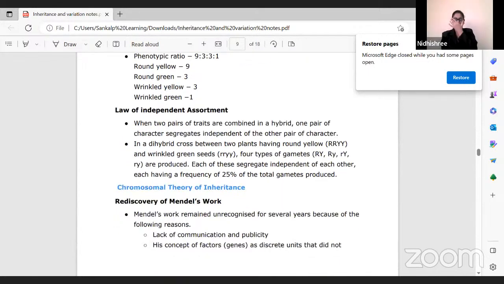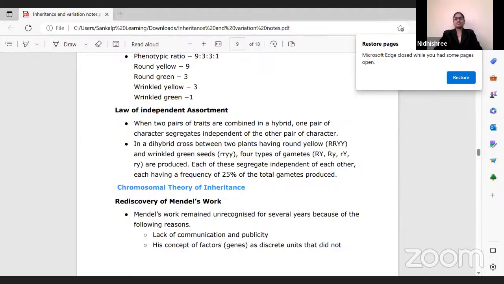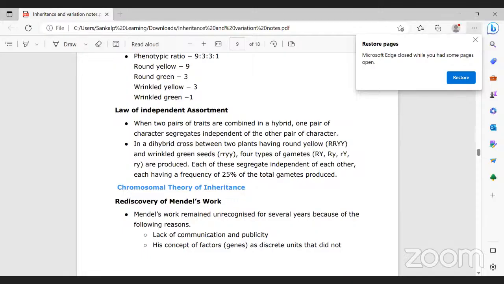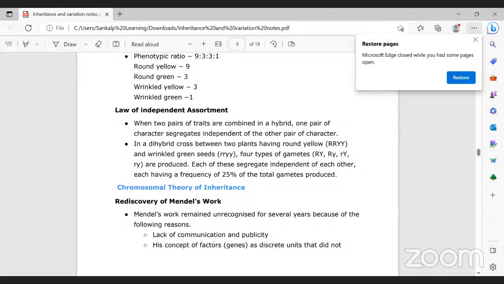Genotypic ratio. Can anyone tell me what is the genotypic ratio of dihybrid cross? 9:3:3:1. That is the phenotypic ratio, not genotypic. 1:2:1 is the genotypic ratio of monohybrid cross.